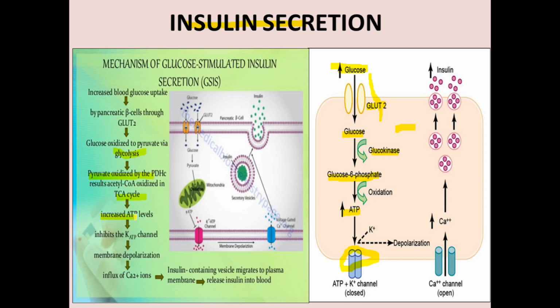As the glucose enters, the ATP increases, and the ATP sensitive potassium channel gets blocked due to the increase in ATP, which causes changes in the membrane potential. The change in membrane potential causes the opening of the voltage dependent calcium channel, leading to calcium influx, and the resulting calcium influx triggers insulin secretion.